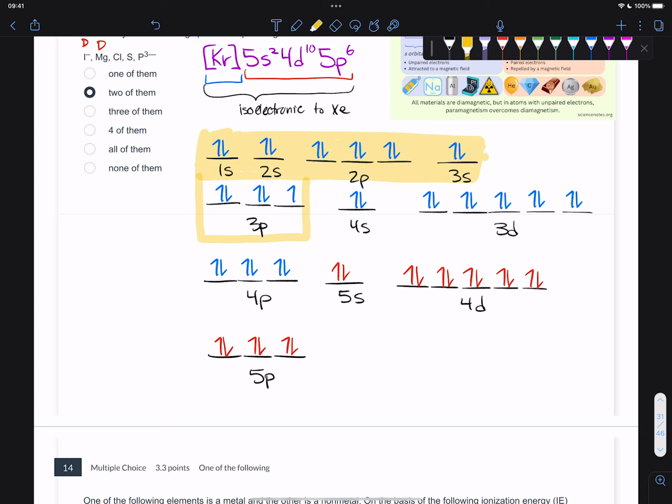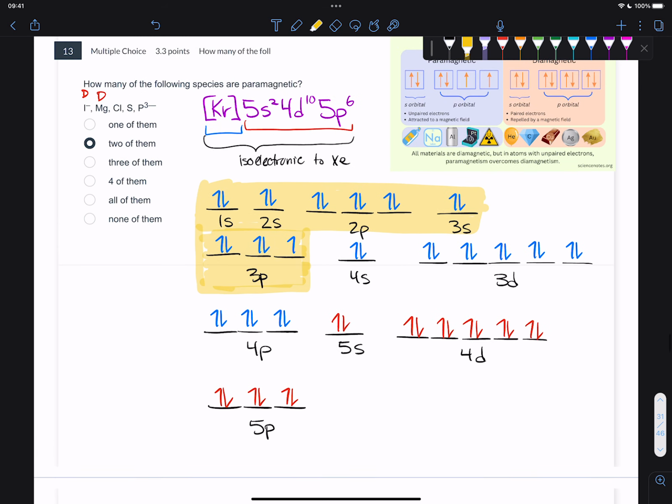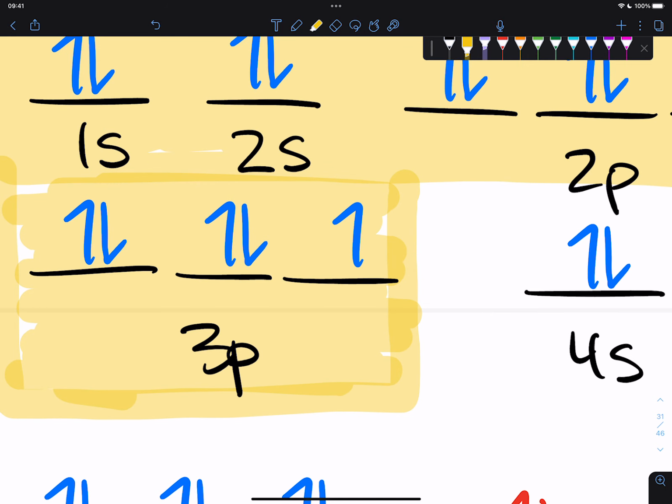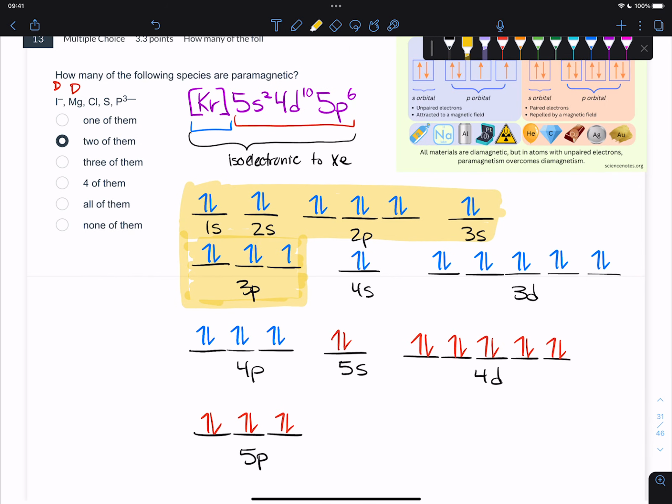Ignore all the stuff that's not in yellow. So all the yellow stuff is currently chlorine, a neutral chlorine. Now we see here that there is one unpaired electron, so that would actually make chlorine paramagnetic. If it were the chloride ion, it would be diamagnetic, but the chlorine, as it is neutral, is paramagnetic because it has an unpaired electron.